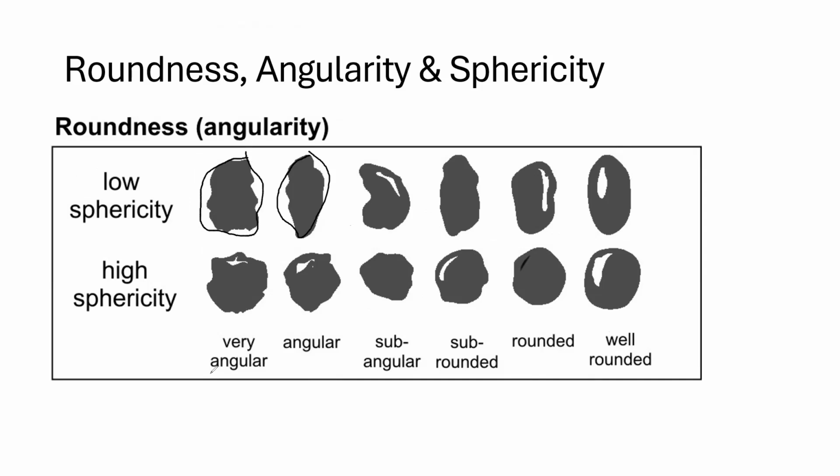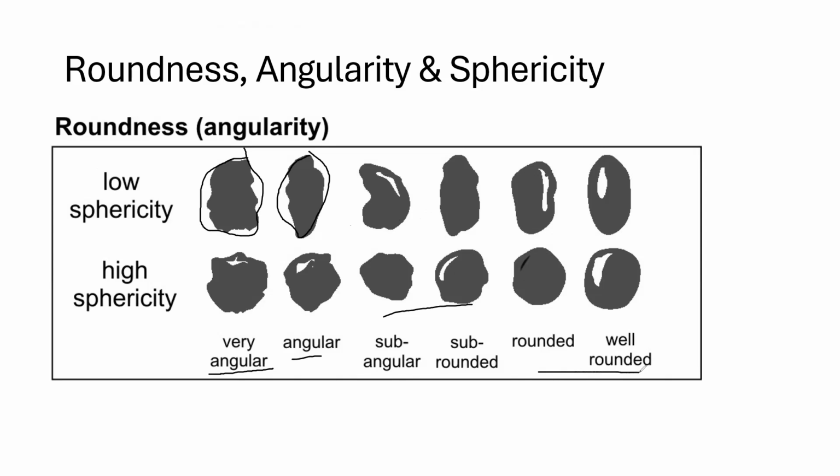If they're sharp, we're saying they are very angular. We're checking the sharpness of the corners of the grain. But in between, the corners are still there, but they are very moderate. But here we don't have all these corners. They've been chipped off. It means that these corners are now smooth, and then we say we're talking about roundness.